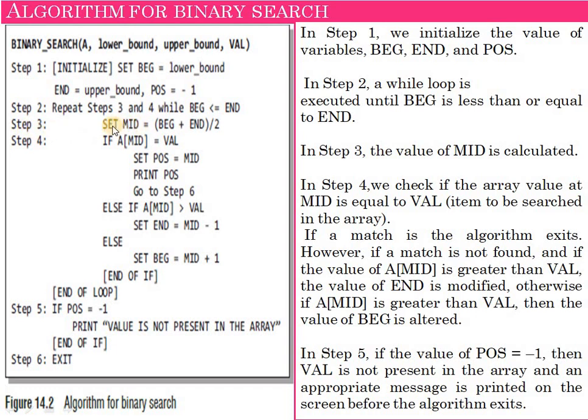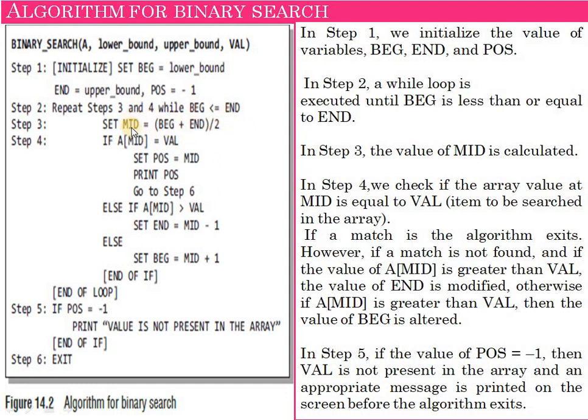Now step 3: set mid equal to beg plus end divided by 2, meaning beginning plus end divided by 2. Here we are calculating the middle element: the beginning index plus the last index, divided by 2.